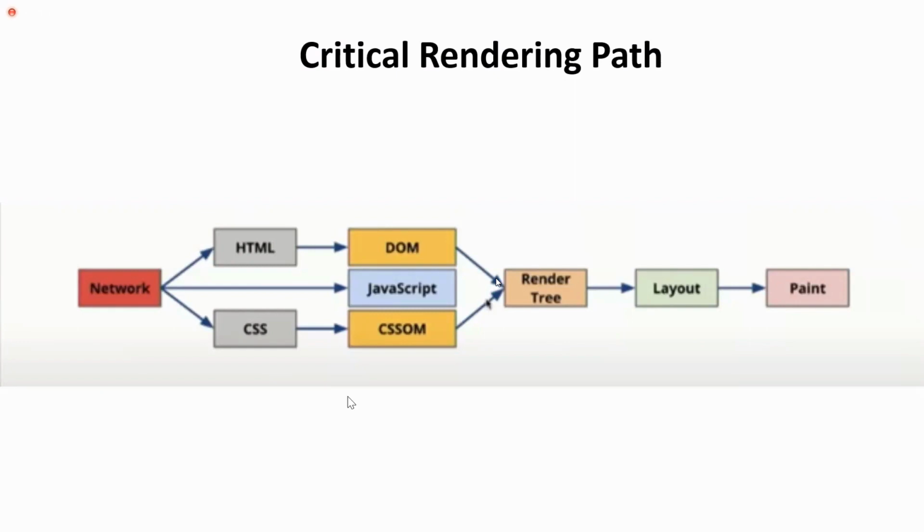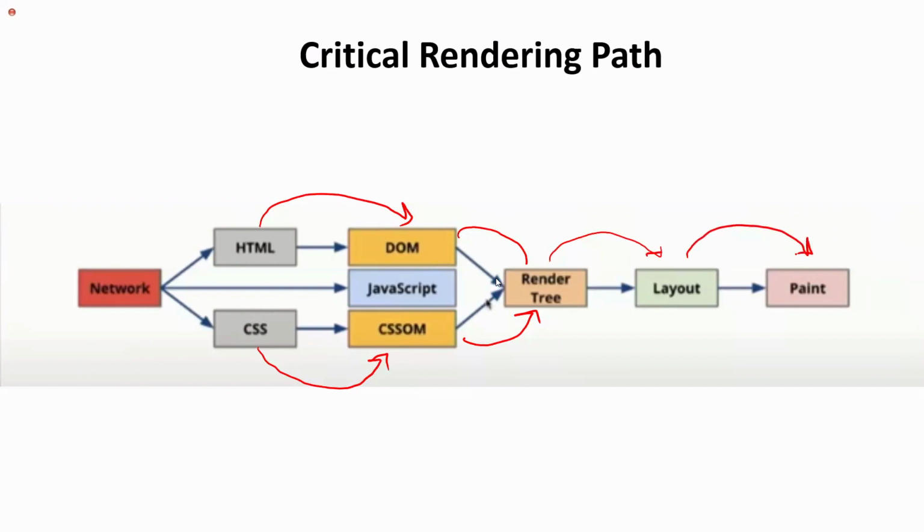HTML has its own DOM, its own document model. CSS also has its own model. These two are combined and connected as a render tree. After connecting as a render tree, a layout is designed for them. Layout is nothing but arranging the content in a correct way. After that, the painting will happen.